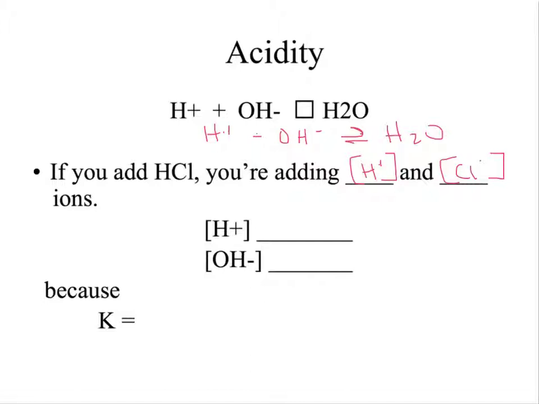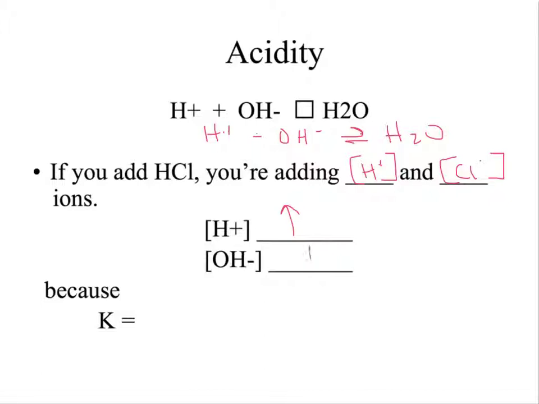So you can calculate the H plus concentration or the OH minus concentration if you knew how much HCl you had added. In this case, you simply know you added more H plus, so the concentration of H plus goes up. Because if you make more H plus available in solution, it will react with the hydroxide ion that you have there. You'll produce more water, and the system will rebalance itself.